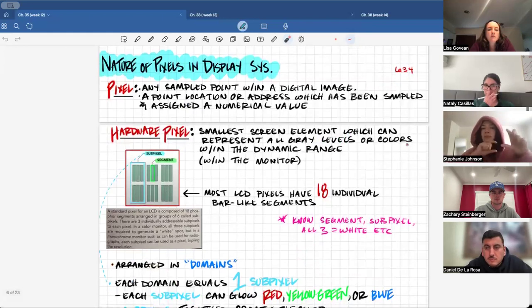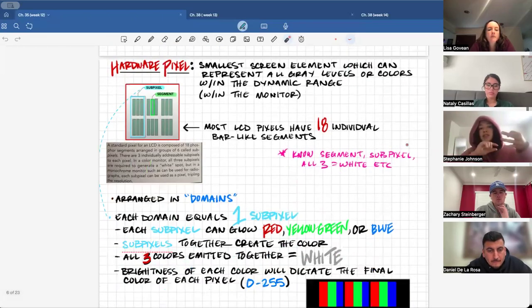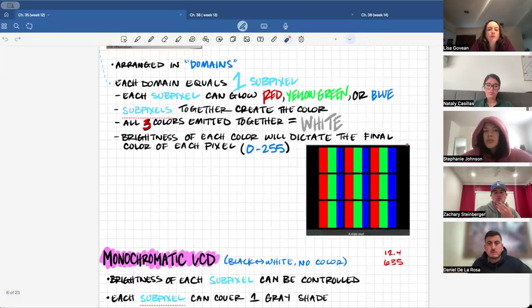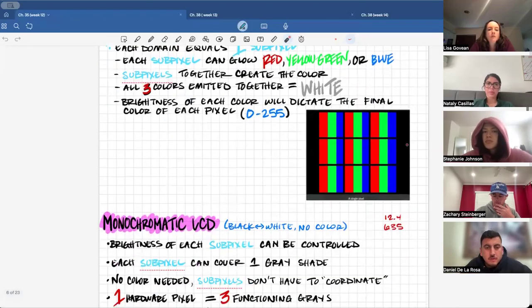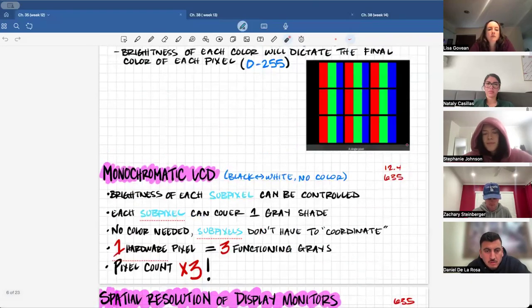So it's a mix between all of the colors, depending on how much is being shown. There are only three primary colors being shown, but depending on how much of each, one or two or all, it determines the color it'll show, I believe. And with monochromatic LCD, it's just shades of gray. Each one could do three shades of gray, so it could make a gray image on that pixel. I believe that's what it was.